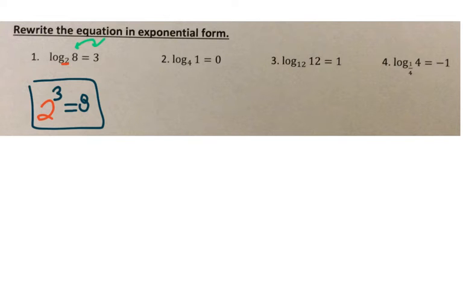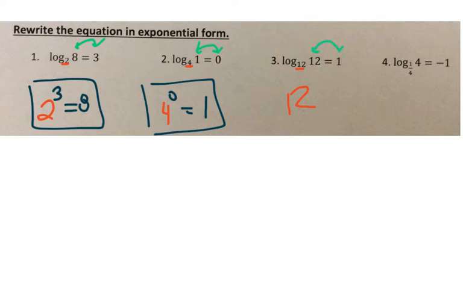Alright, the next one: the base of our log is the base of our exponent, so this is 4, and then we switch the next two. So it is 4 to the 0 power equals 1. The next one, the base of our log is the base of our exponent. This becomes 12, and then we switch the next two.